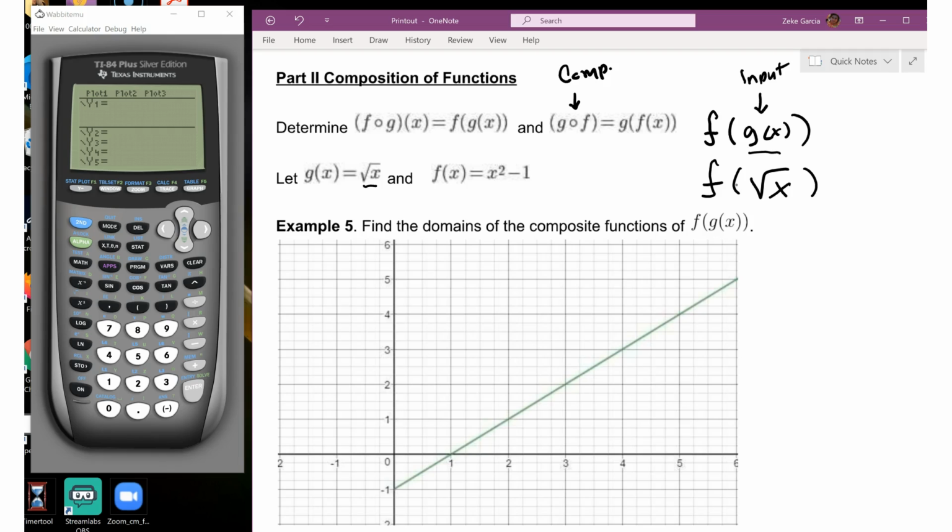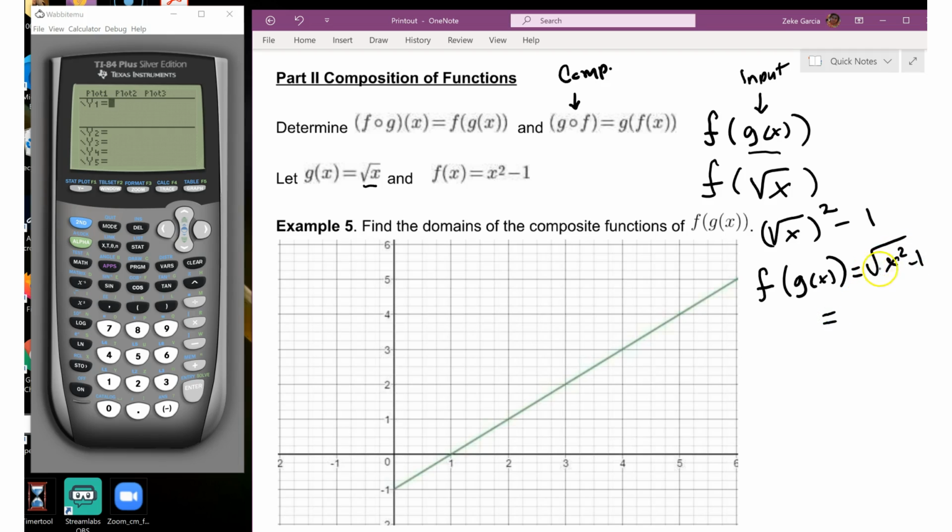So our output is going to be the square root of x squared minus 1. That is our output. So what's going to be the composition of f of g of x? It's actually the square root of x squared minus 1.